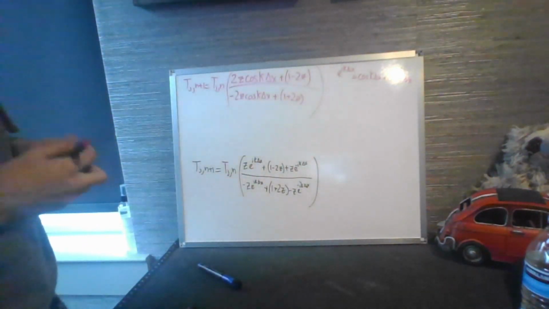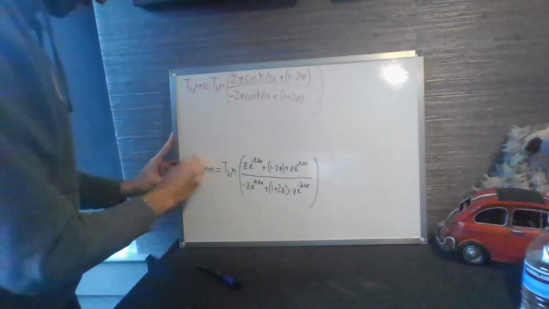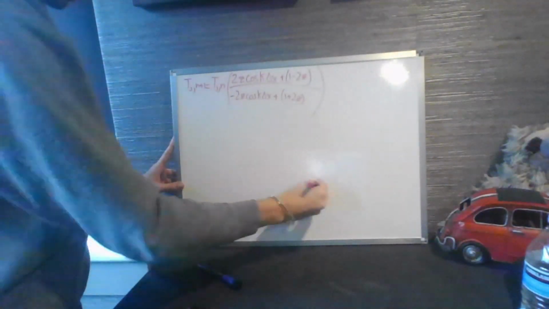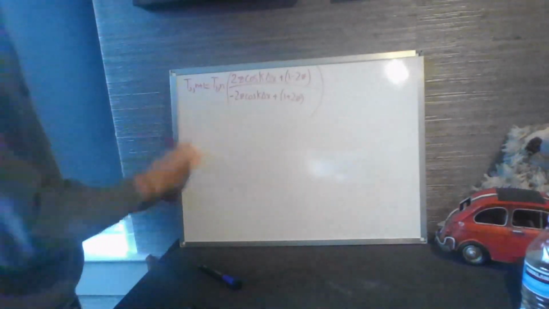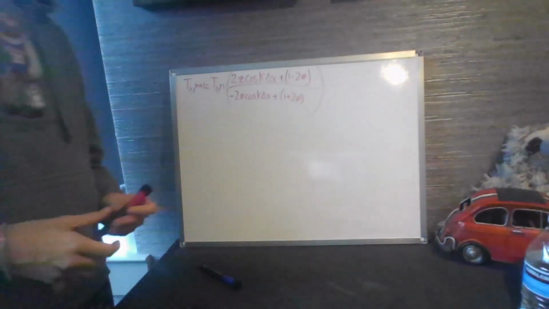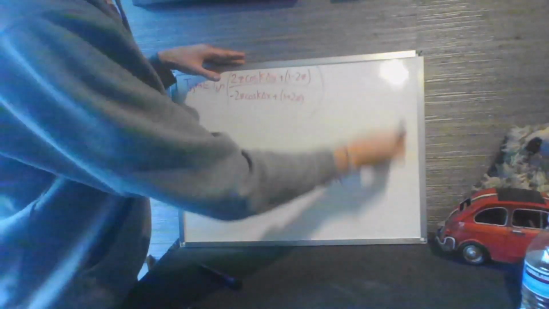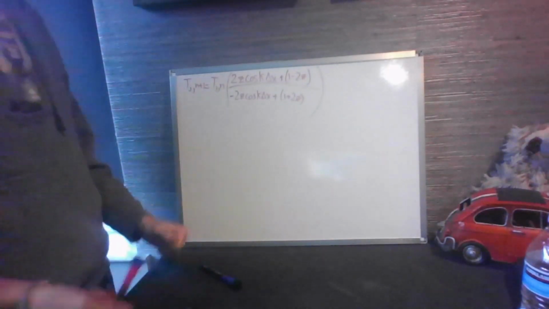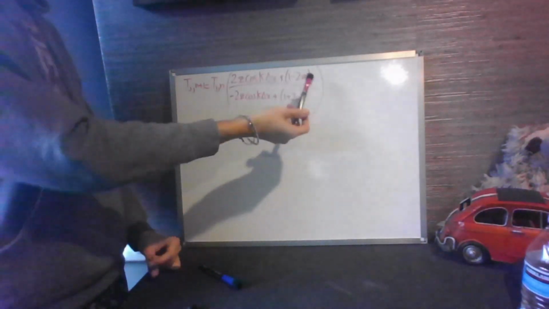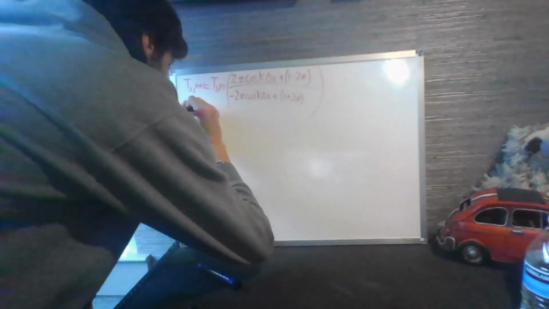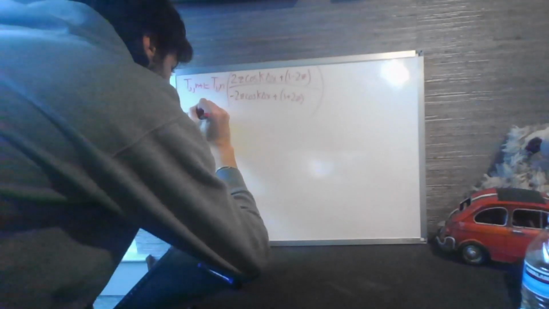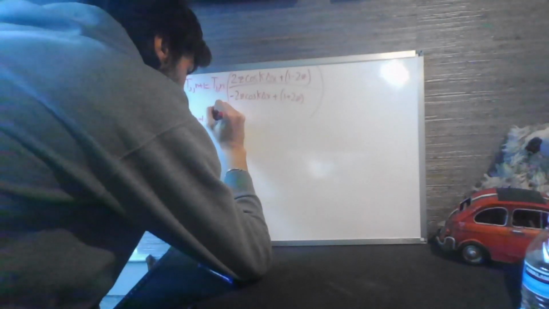And of course I can go ahead and erase this stuff too again, just to free up some room. Alright, and then from here, what we can do is, like always, group our like terms, right? We see we have a 2z, 2z, 2z, 2z. So let's go ahead and group those together. Of course, we're still going to have this T_j^(n+1) equal to the T_j^n.